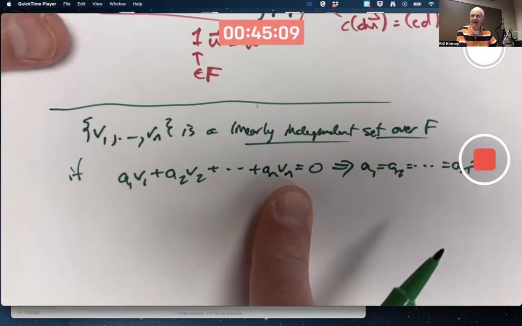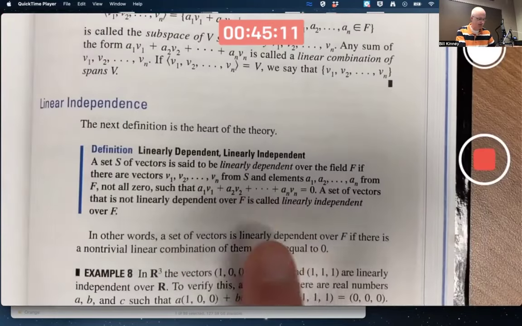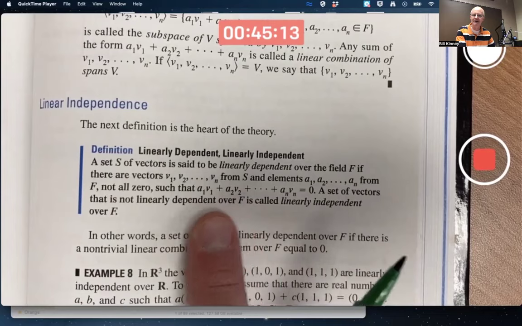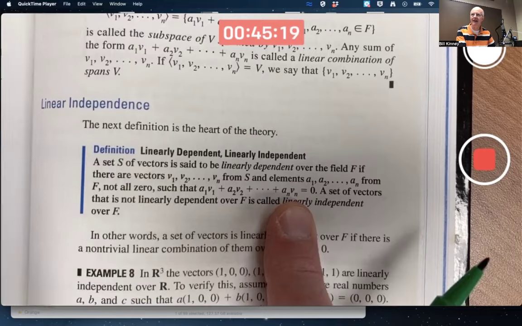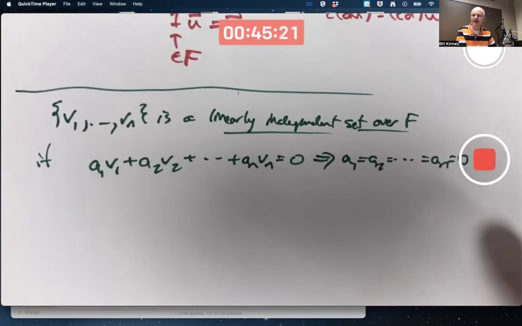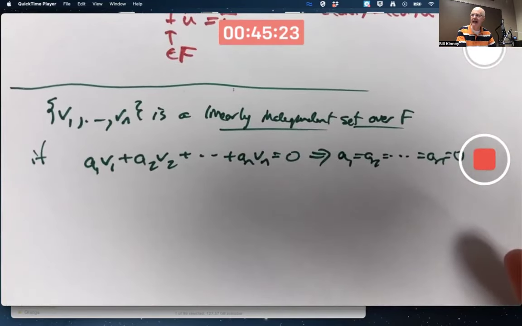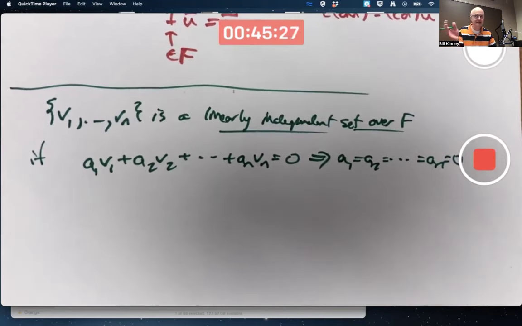Which is exactly the definition the book here gives for linear dependence. There are some non-zero A's making this 0. Okay, so these are equivalent to each other. Again, the new thing is the A's are from an arbitrary field. And this is important for what comes next.